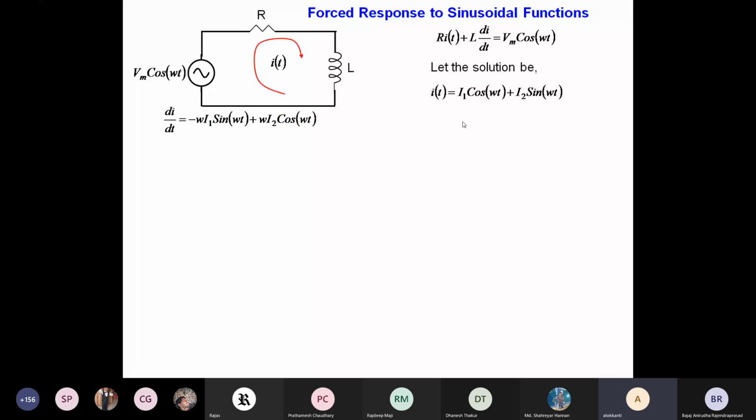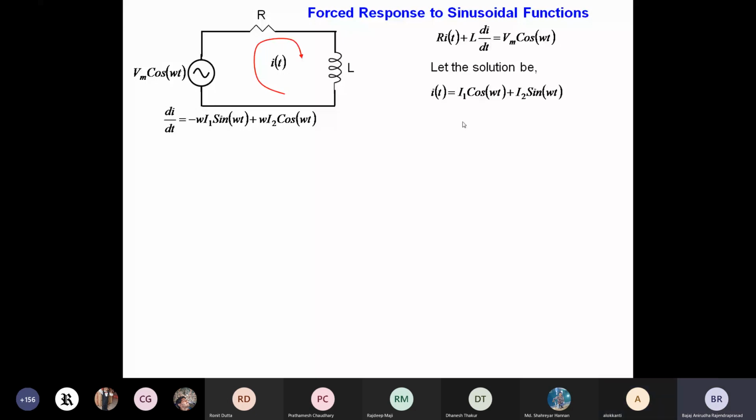Sir, did you assume this solution, I1 cos omega t plus I2 sin omega t? No, we have assumed a solution, and let us see if we can get it, because the input is sinusoidal.